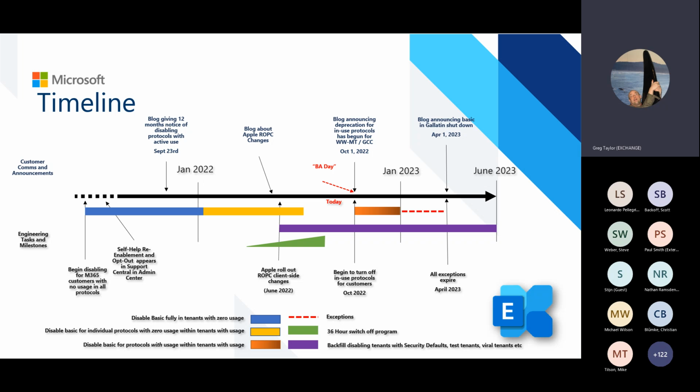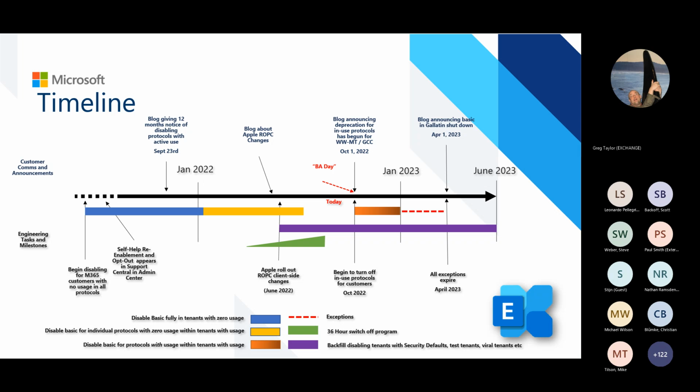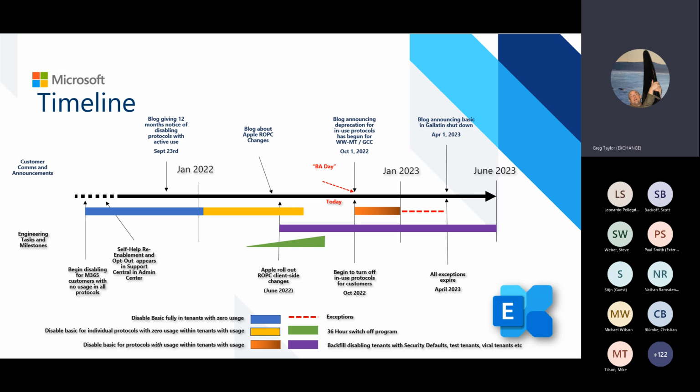We know who they are. We've been working with them, and they may require a little more time. They have been granted a little more time because of the nature of the kind of stuff they do, and we're working with them, and I have no intention of seeing any of them still using Basic Auth by April the 1st. But that's the small dotted line on here, which is marked as exceptions. If you're one of those customers, you will have had the message in your message center post telling you that. If not, you will get December 31st like everyone else.